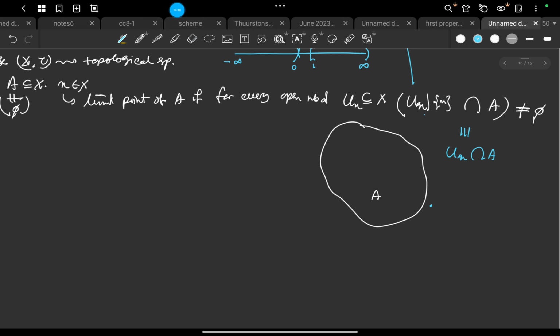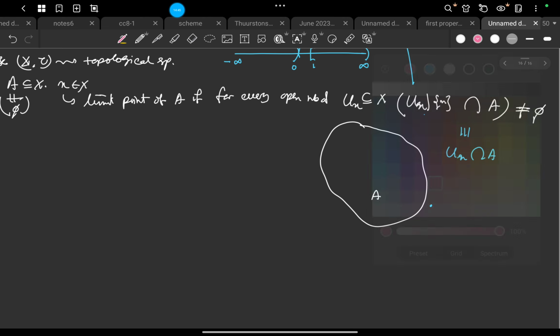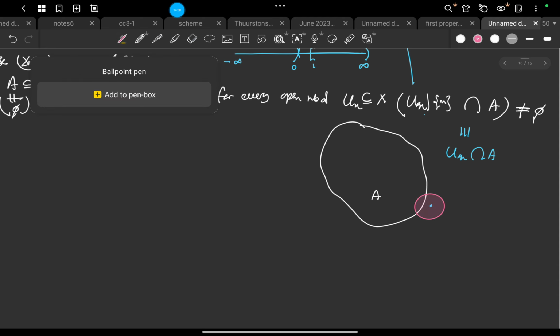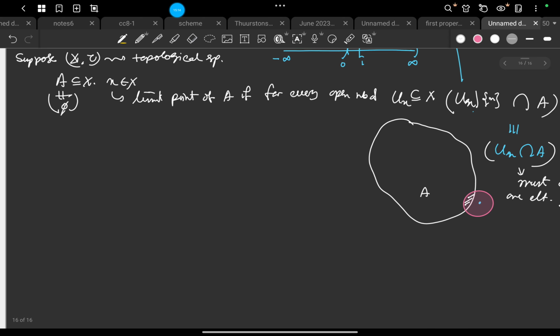So any open set around x must intersect with A. That means this intersection U_x ∩ A must contain one element y such that y is not equal to x. So it contains at least one point which is different from x. That is the definition of a limit point.